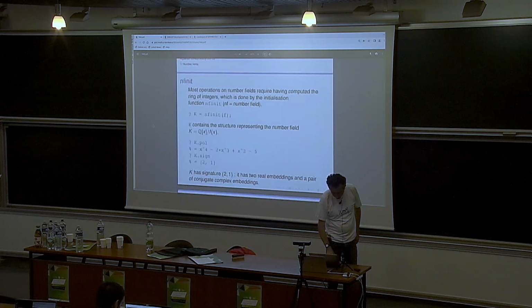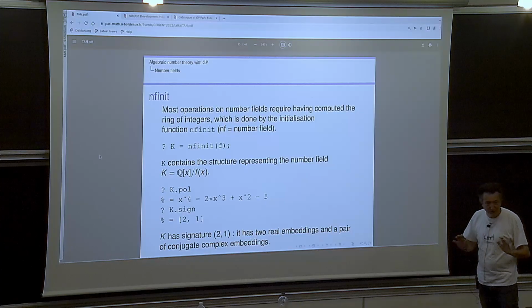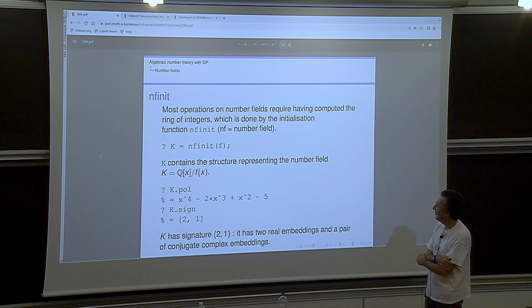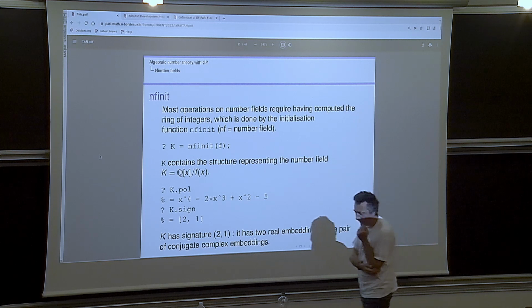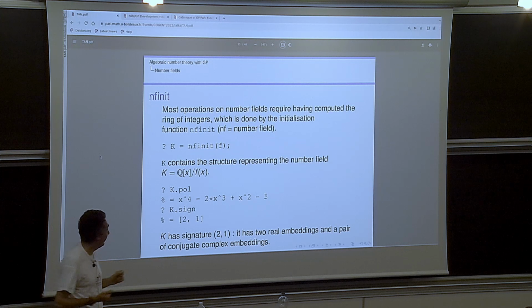Now we know how to define polynomials for our field, we can define the fields themselves properly. We have a function nfinit which does this pre-computation. In particular, it computes the ring of integers of the number field.